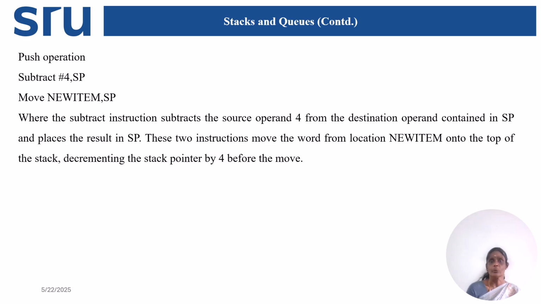Next, push operation and pop operation, how they are performed. For push operation: subtract 4 from SP, that is, subtract #4, SP. What is the meaning? Why 4? Actually it is moving one location, but why are we giving 4? 0, 1, 2, 3.